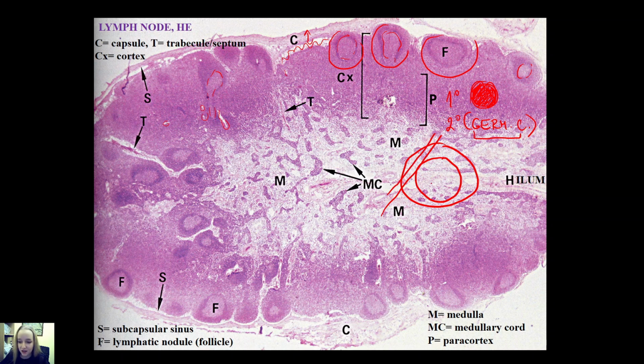But it's not because the germinal center doesn't exist in that follicle. It's because of the section. So sometimes we can just see these dark circles over here with no germinal center inside, and that's only because of the section. Probably there is some kind of germinal center inside because all follicles got into contact with antigen in some kind of way.